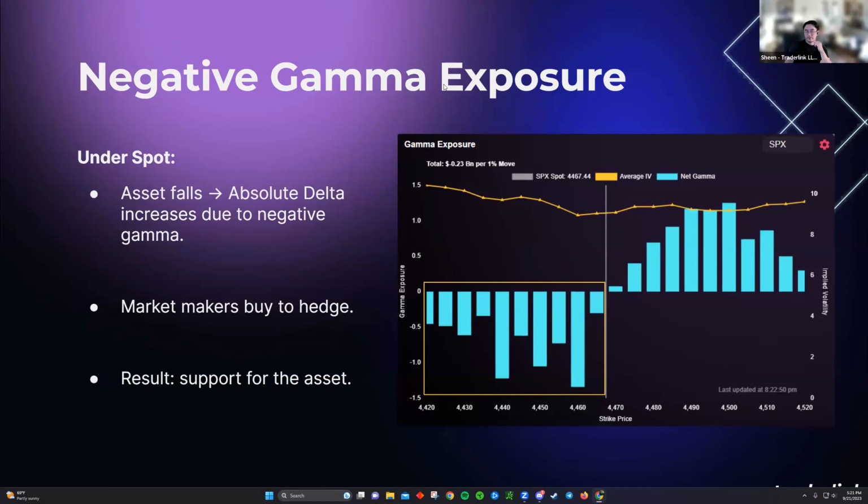All good. So going into negative gamma exposure under spot price, this typically refers to short options positions. When the asset starts to fall, the negative gamma means that the absolute delta on these options starts to increase. This requires market makers to start buying the asset to hedge, providing support.